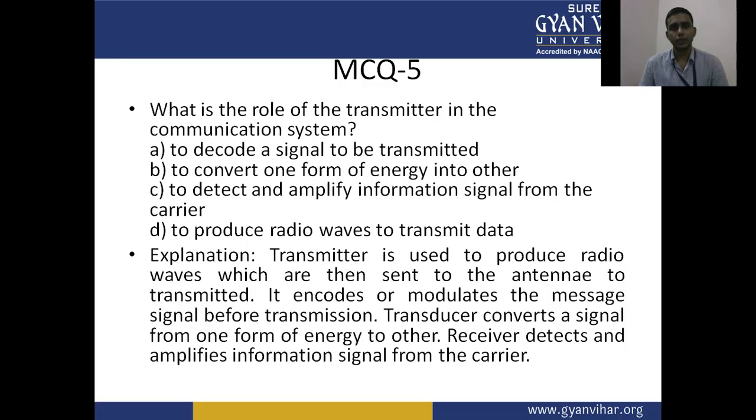A, to decode a signal to be transmitted. B, to convert one form of energy into the other. C, to detect and amplify the information signal from the carrier. D, to produce the radio waves to transmit data.